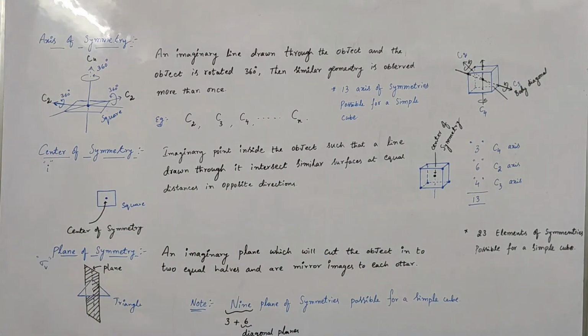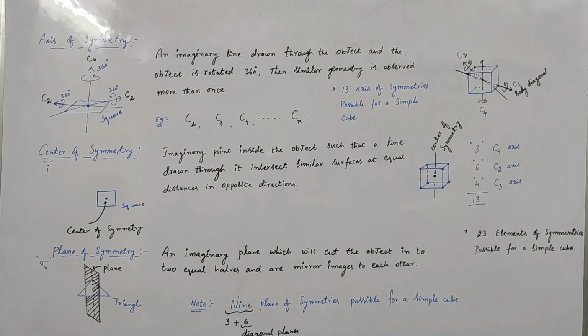Any doubt in this? In this 23, 13 are axes of symmetry, 1 is the center of symmetry, and 9 are planes of symmetry. Totally 23 elements of symmetry are possible for a simple cube. Any doubt in this? Clear again?